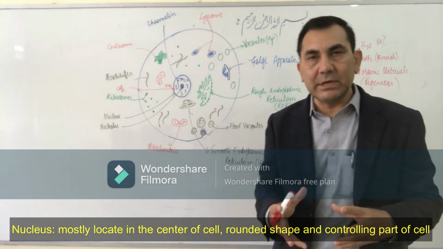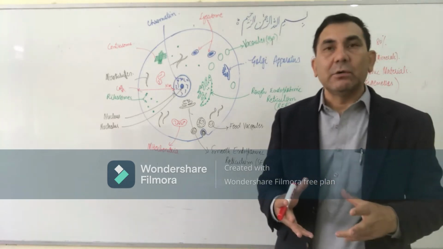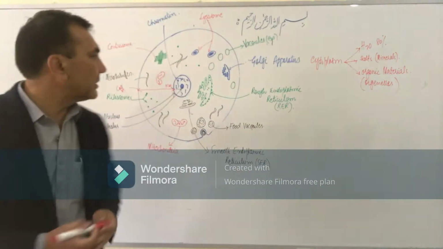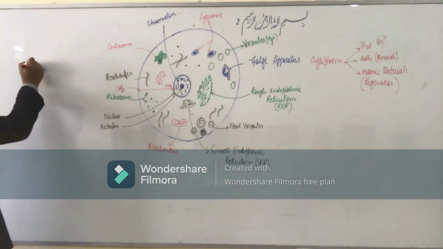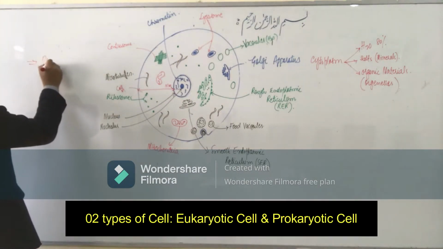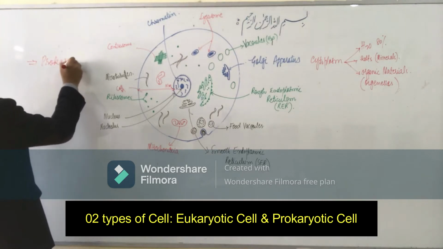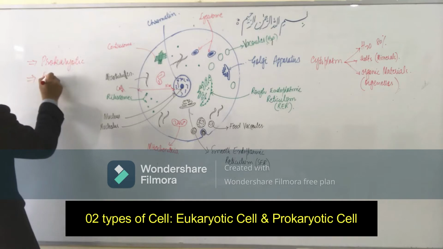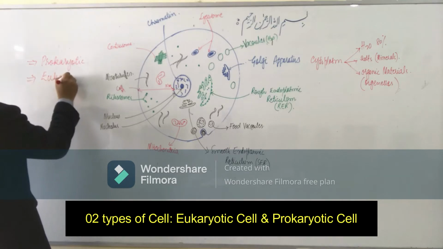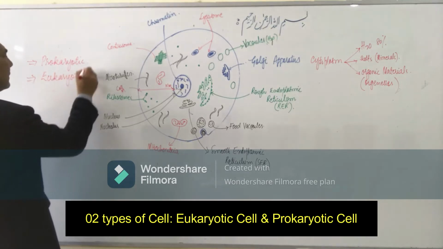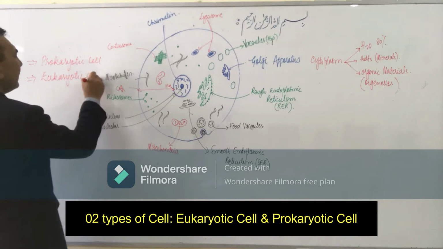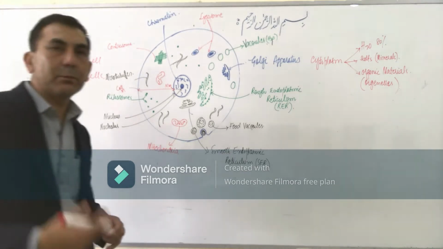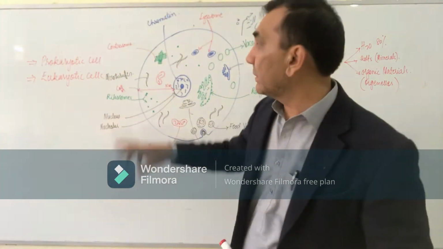In animal cells, this is the nucleus, found in eukaryotic cells. There are two types of cells, prokaryotic cells and eukaryotic cells. What is the difference between them?